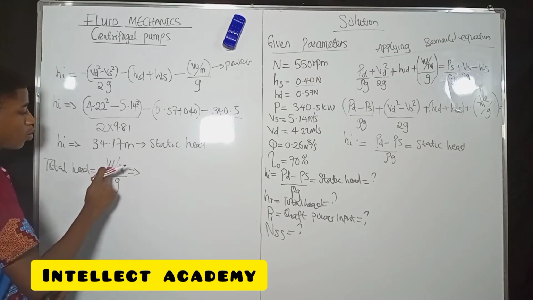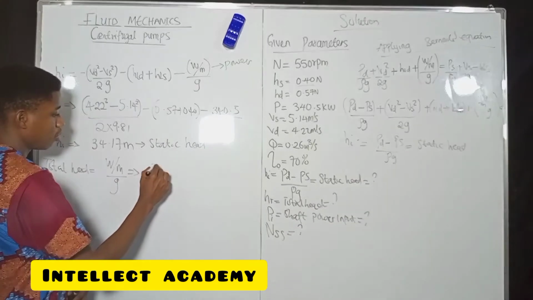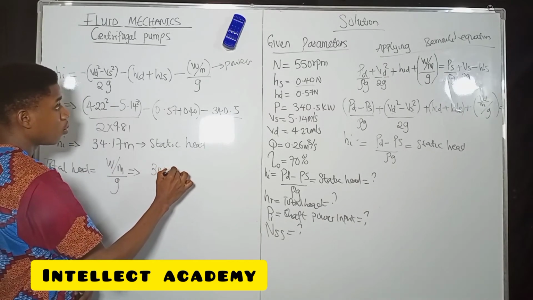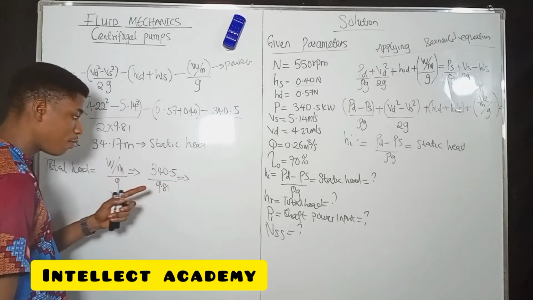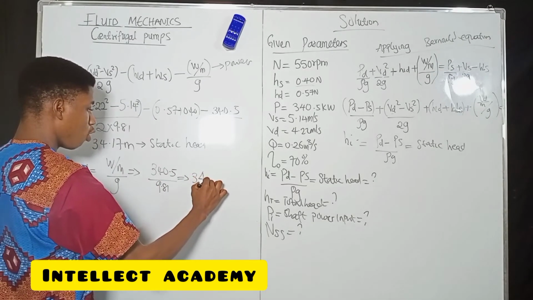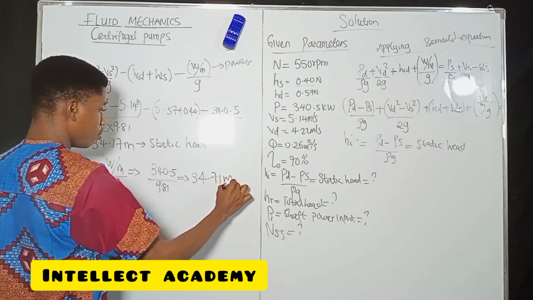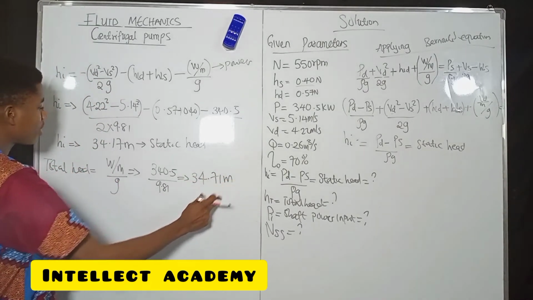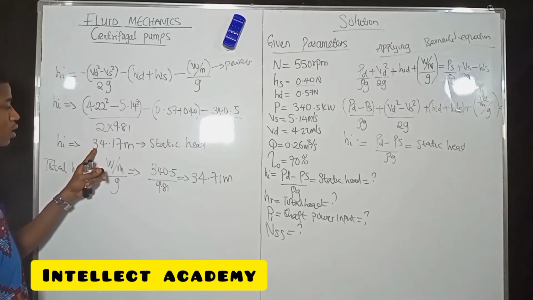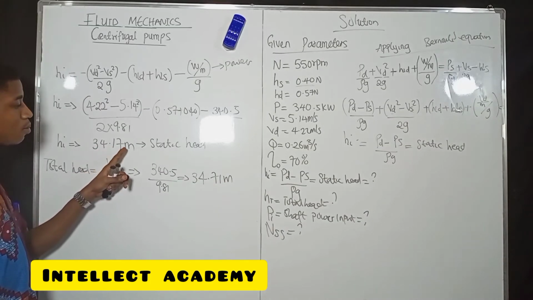So when we do that, we're going to have this as 340.5 over 9.81. We'll have this as 34.71 meters. So the total head is given by 34.71 meters, where the static head is given by 34.17 meters.